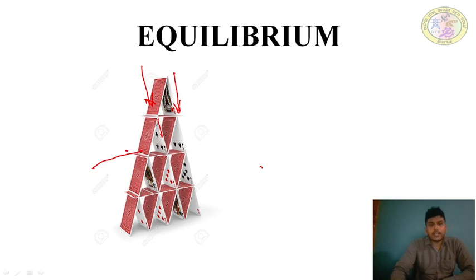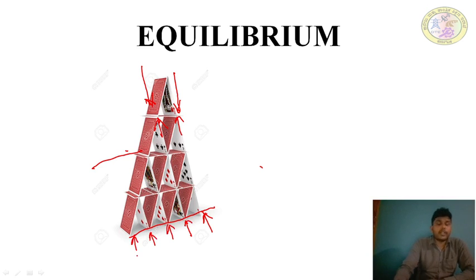In the same manner, it has reactions. The weight of this card will produce the load, and there will be a reaction, and it will sum to 0. In the same manner, every card will have reactions, and due to gravity it will have weight, which is also a kind of force, or load is also a kind of force.